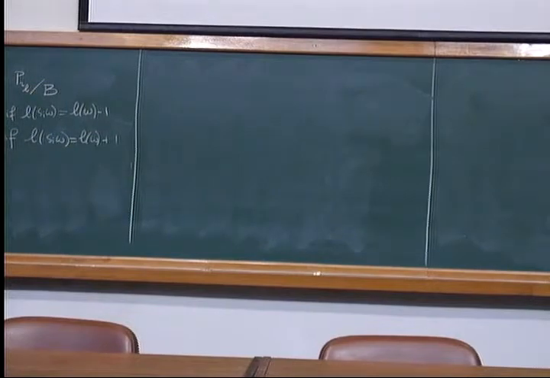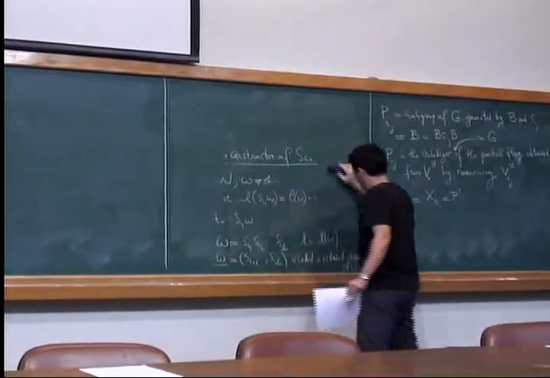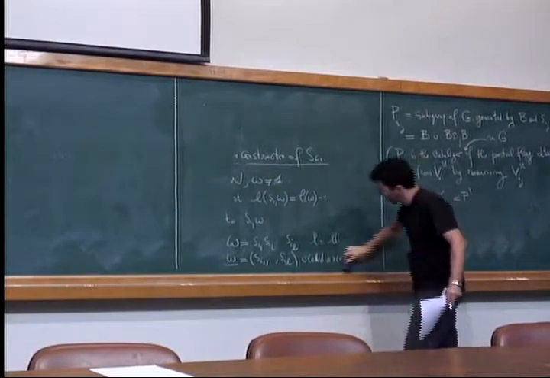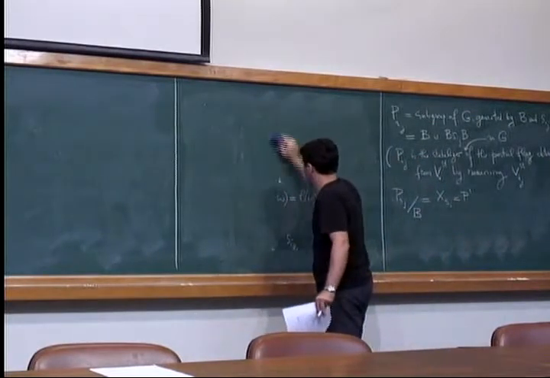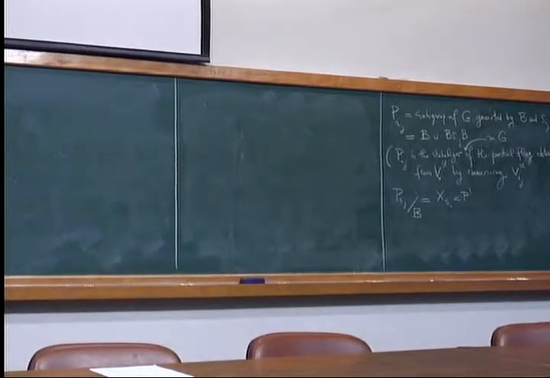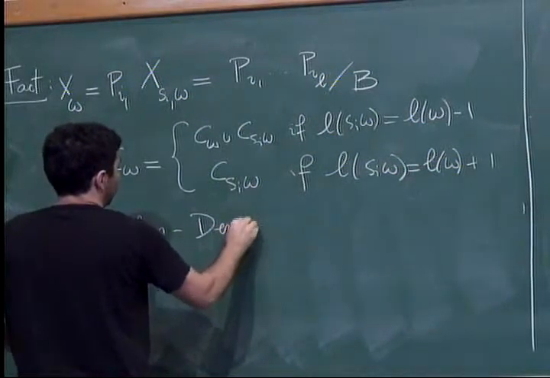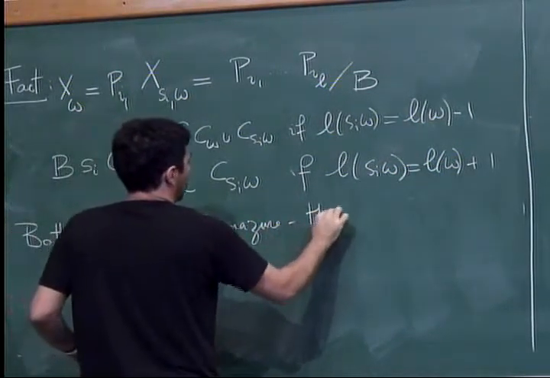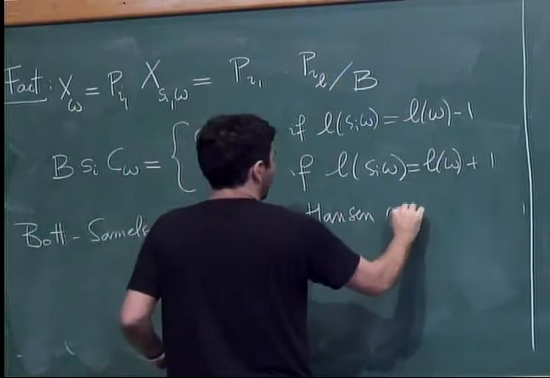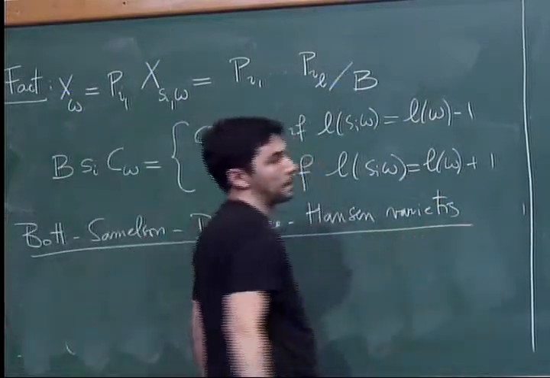Keeping in mind this inductive construction, the so-called Bott-Samelson-Demazure-Hansen varieties.